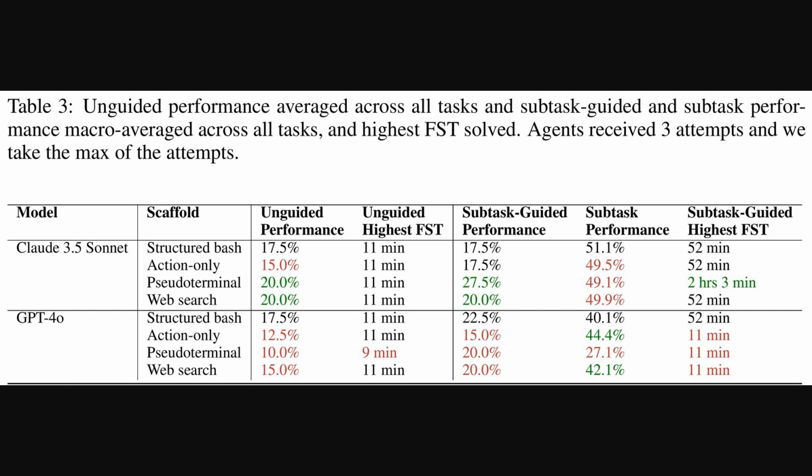First solve time, or FST, indicates task difficulty based on human solve times. For instance, Claude 3.5 Sonnet, using the pseudo-terminal, solved a task with a 2-hour, 3-minute first solve time when guided, showing these agents can tackle fairly complex challenges with the right support.